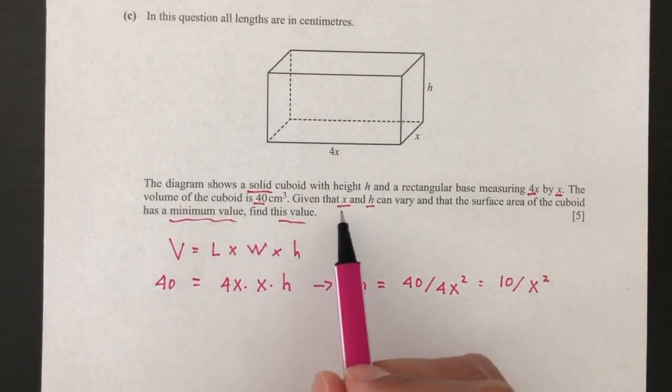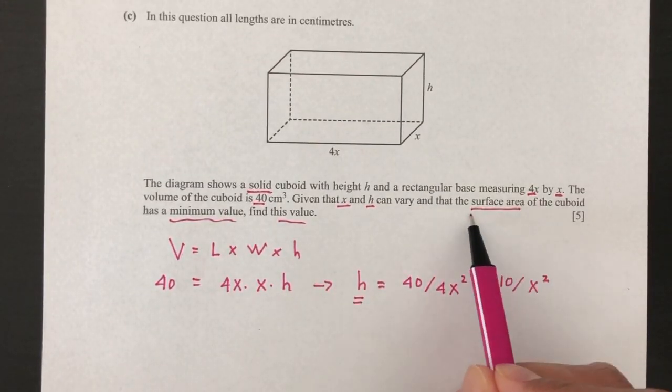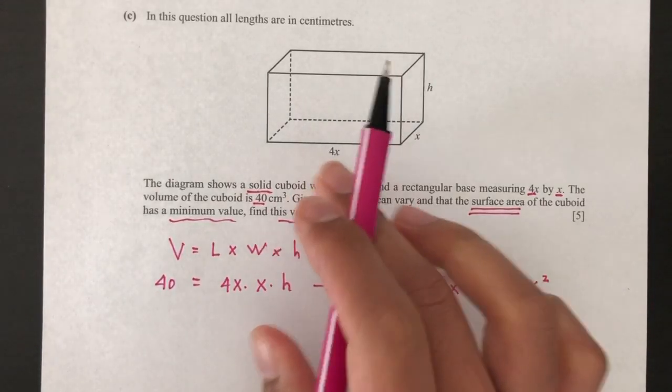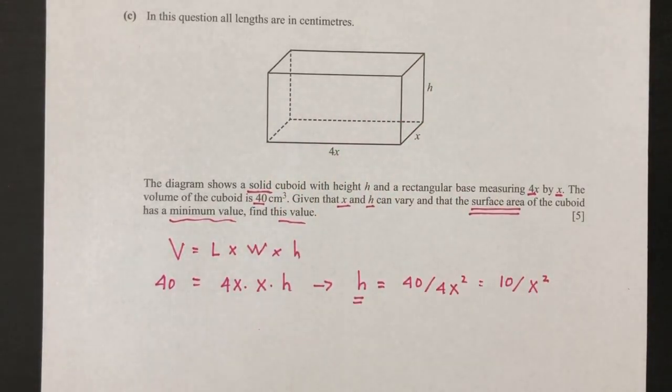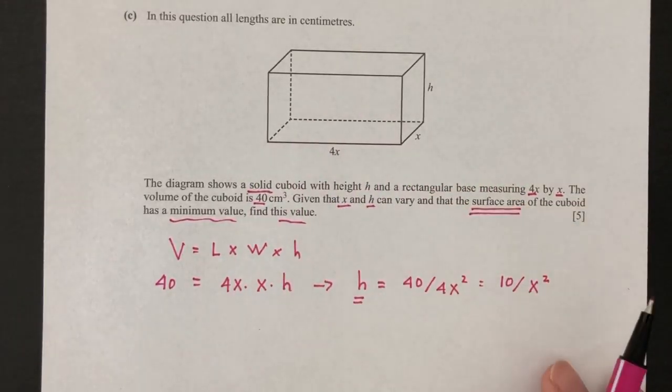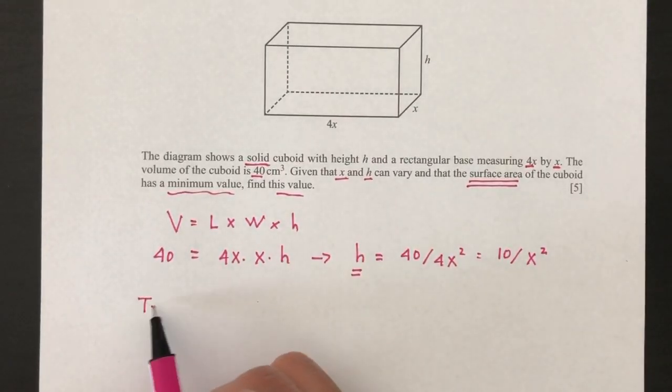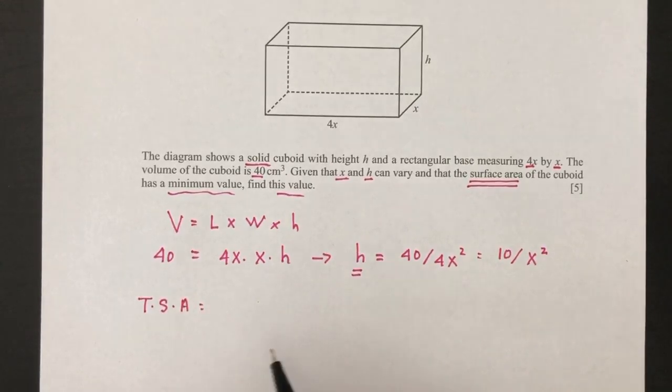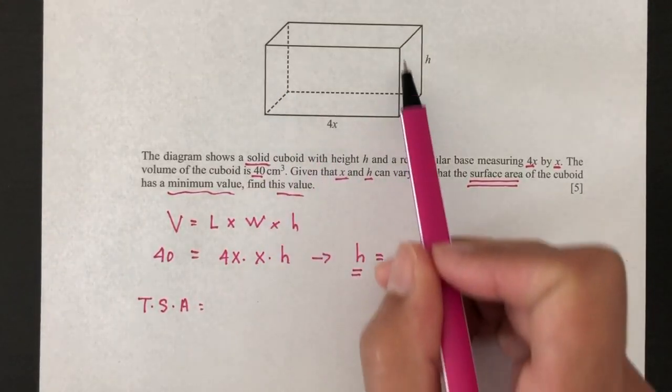Now, as you can see, we are trying to find the surface area of the cuboid. So how would you find the surface area of this shape? First you count: 1, 2, 3, 4, 5, 6. We have 6 surfaces. So TSA, total surface area, will be, the first one will be this and the back.